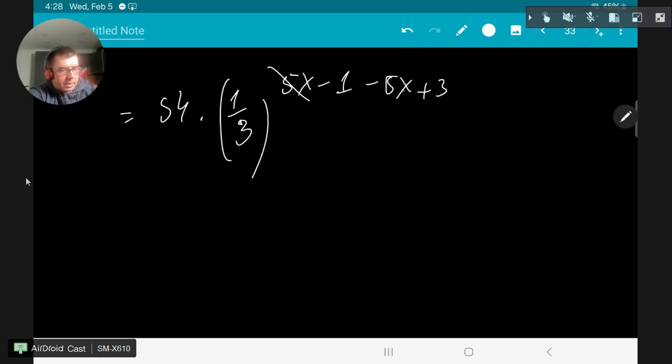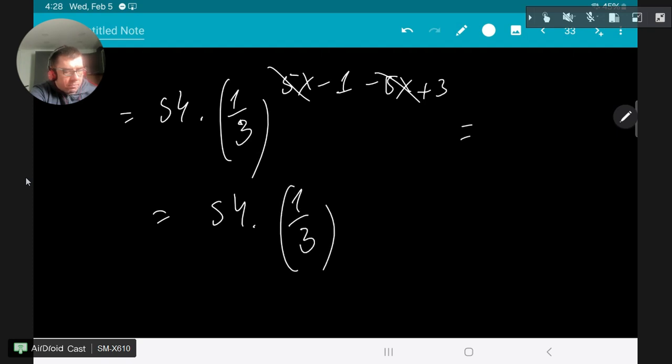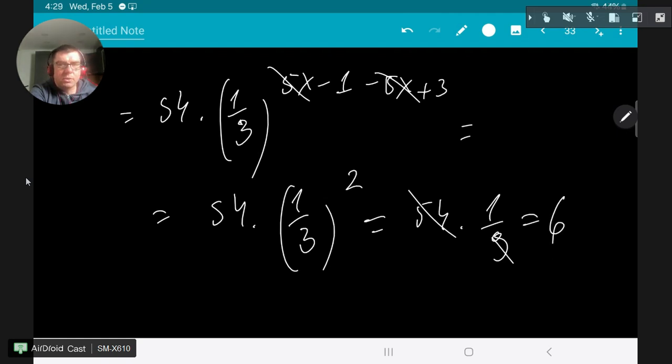Change the signs. 5x and minus 5x will cancel, so this is 54 times 1/3 to the power of 2. 3 minus 1 is 2, so this is 54 times 1/9. 1/3 times 1/3 is 1/9, so I reduce here. 54 divided by 9 is plus 6. Okay, so b is plus 6, a is minus 6, so b is going to be greater than a.